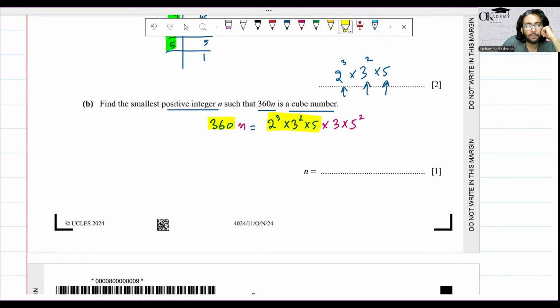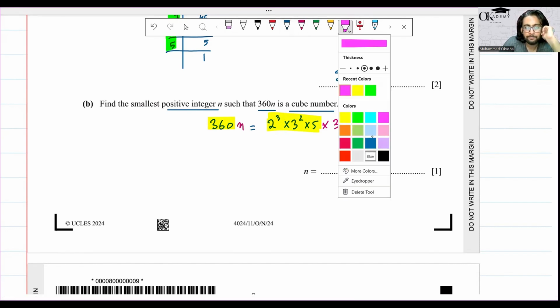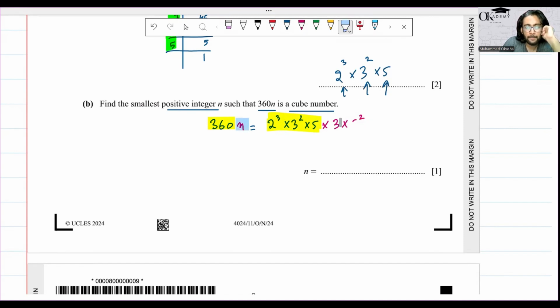Now, if I have written 360n, then 5 squared would make it a perfect cube.